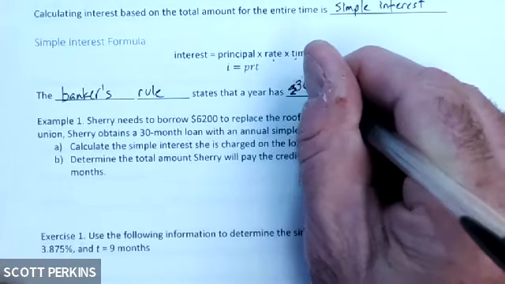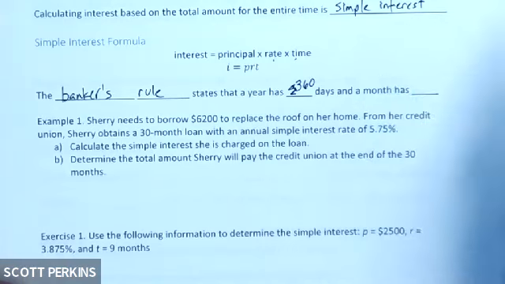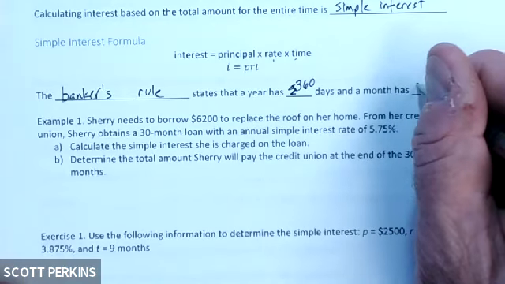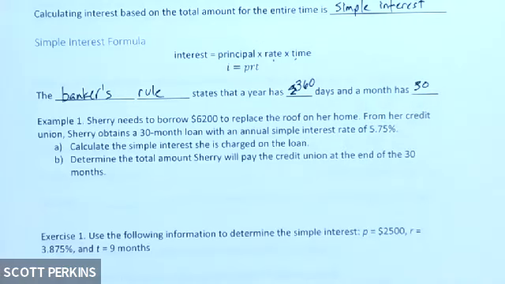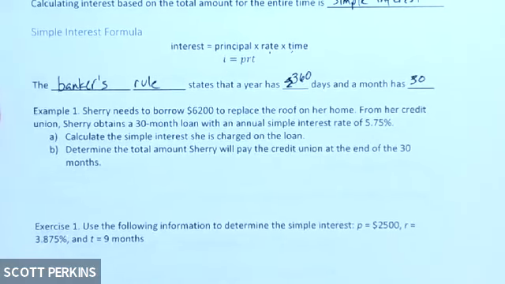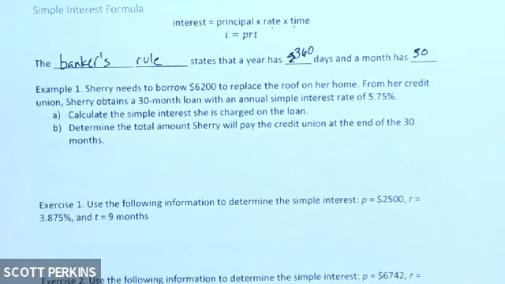A month, unless you're given the number of days, if you're just told that you're borrowing money for a month, has 30 days. That's the banker's rule, because bankers like to keep things round. As it happens, the banker's rule works in the banker's favor, because everything always works in other people's favor. That's just a principle of life.